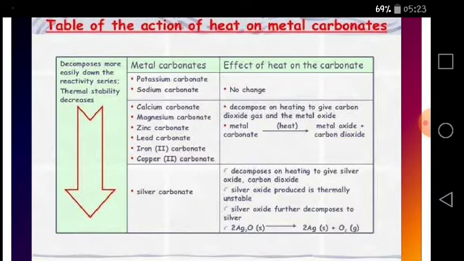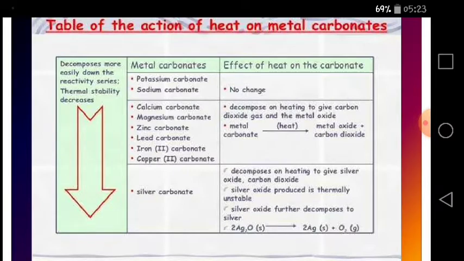You can see the potassium carbonate and sodium carbonate are not affected by the heat, while the calcium, magnesium, zinc, lead, iron, copper carbonates can decompose on heating to give carbon dioxide gas and the metal oxide, while the silver carbonate decomposes on heating to give silver oxide and carbon dioxide gas.